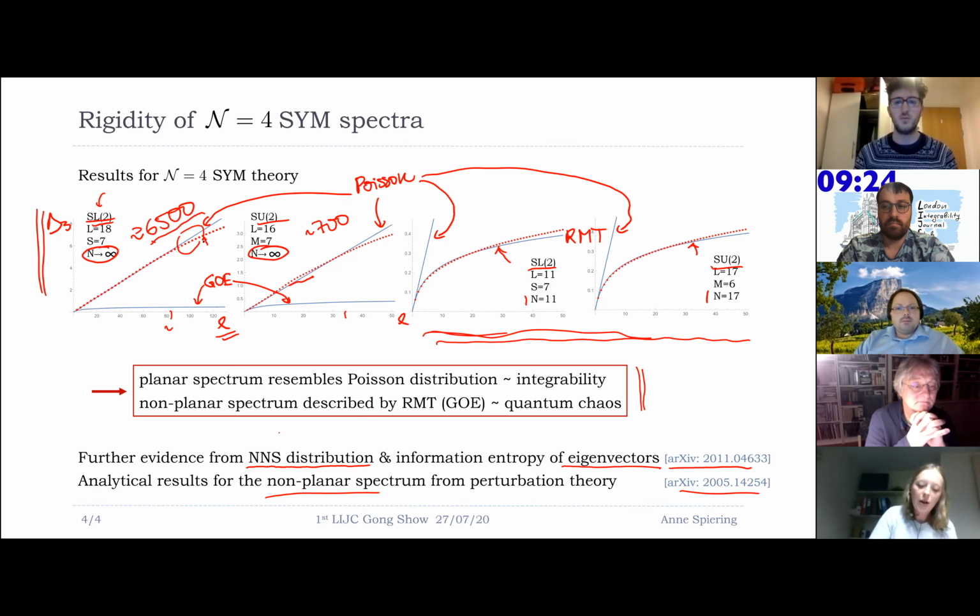Actually, this was already observed by Berry, I think, in the 70s, who made the connection between classical integrability and this linear behavior of the spectral rigidity. On the basis of the action-angle variables, he computed this, and he also realized that this only works up to some L max, and from there on it's supposed to saturate. This is in the classical case.